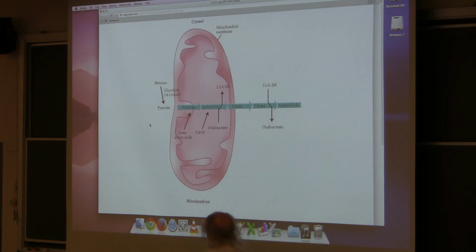When citrate levels inside of the mitochondrion rise, citrate gets kicked out of the mitochondrion into the cytoplasm. There's actually a shuttle that moves citrate out of the matrix of the mitochondrion and into the cytoplasm. When citrate gets out into the cytoplasm, it gets broken down into acetyl-CoA and oxaloacetate. So what citrate has done is it's sort of carried on its back this acetyl group that becomes acetyl-CoA.